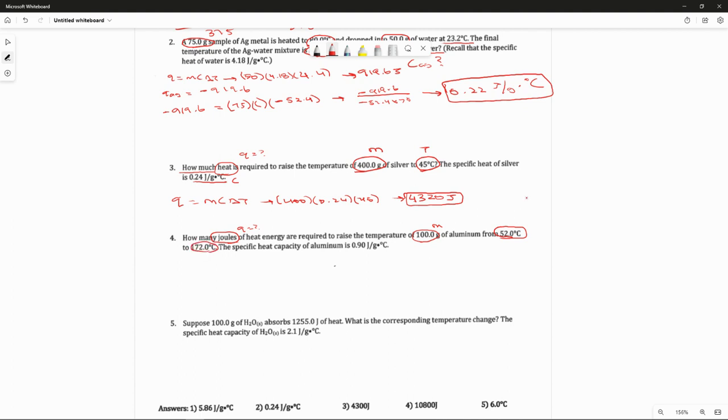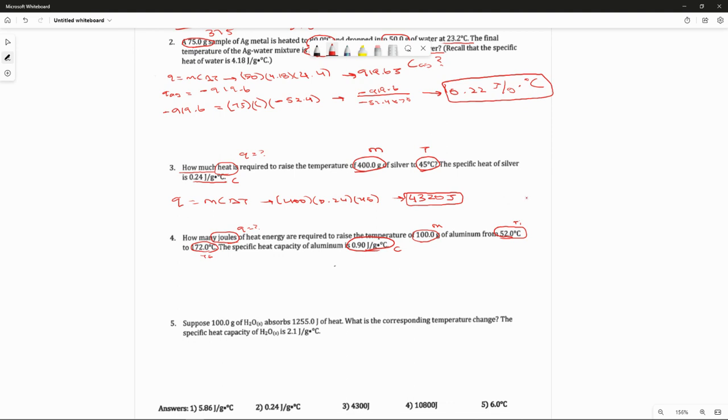Now we get to see the temperature delta T. So this 52 degrees is temperature initial, and this 172 is temperature final because it ends up as 172 from 52 degrees Celsius. You got to note that the specific heat capacity, C, for aluminum is 0.9.